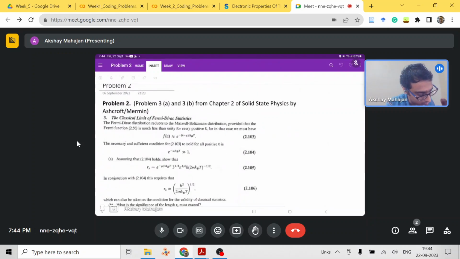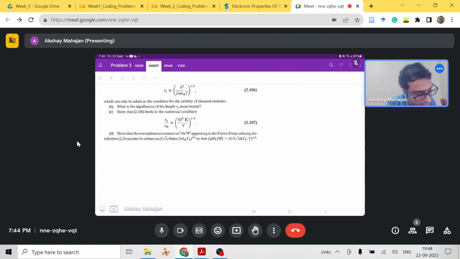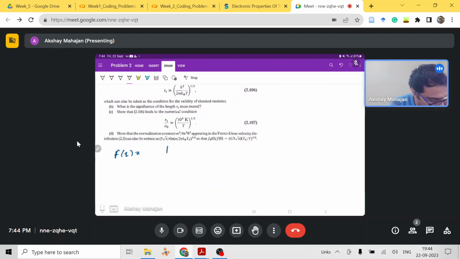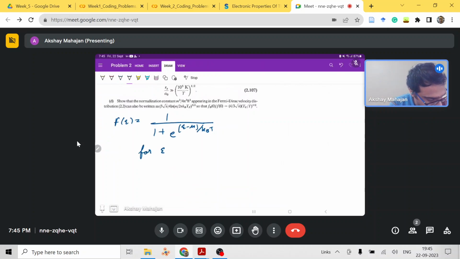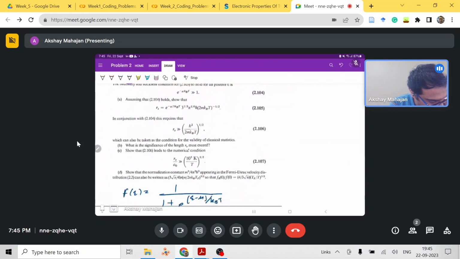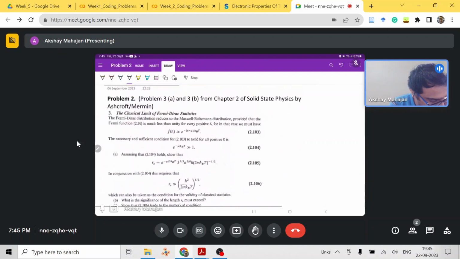Let me show you what this first point tells us. We know our Fermi-Dirac distribution is given by 1 upon 1 plus e to the power epsilon minus mu divided by kBT.